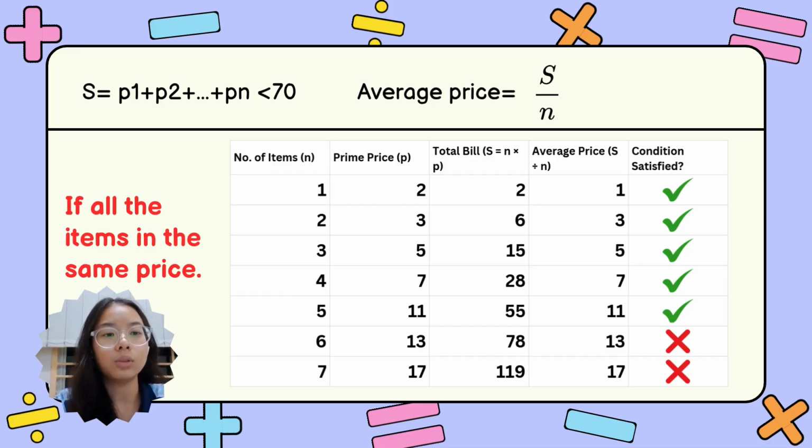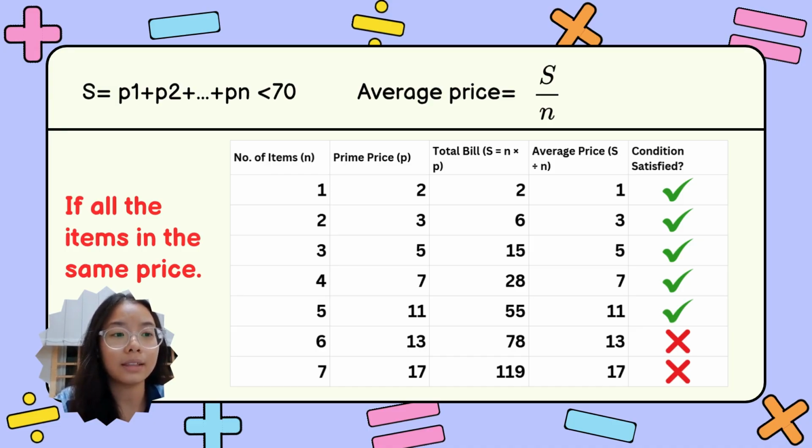We can do the same thing until n is 5. Then we look at n equal to 6. When n is 6, the prime price becomes 13, and the total bill will be more than 70. It becomes 78, so here it does not satisfy the condition of being less than 70.